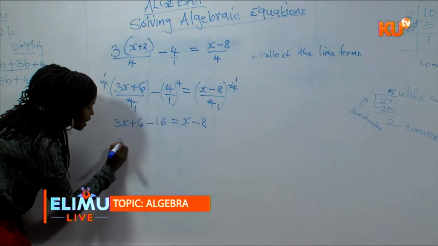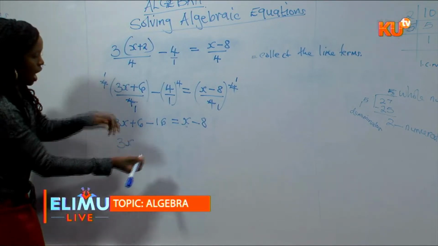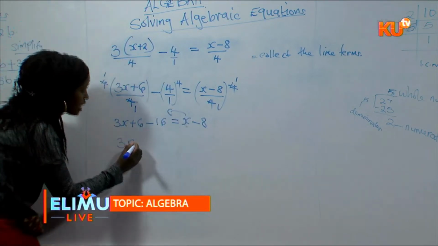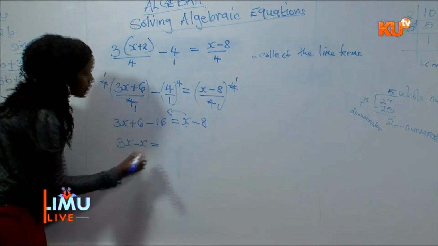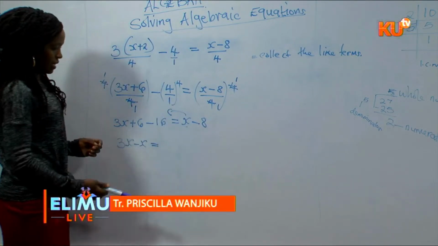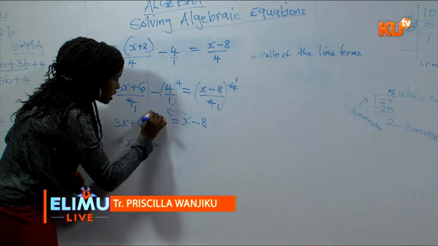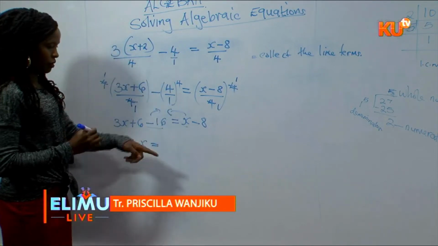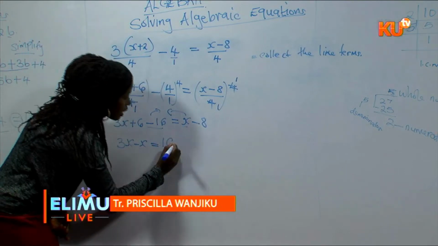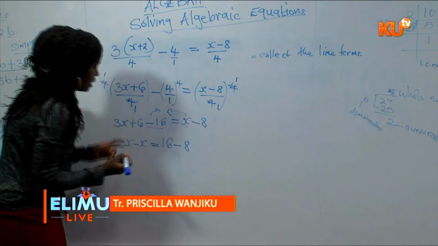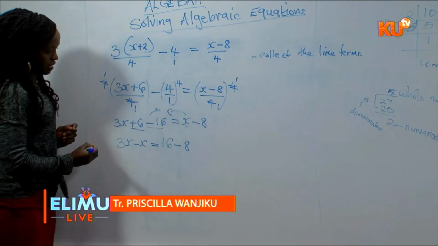So that means I'll have 3x. I'm going to bring this to the other side. I'll have minus x is equal to, I have minus 8. So this minus 16, when it goes to the other side of the equal sign, I'll have 16. Then I can put my minus 8. This is plus 6.